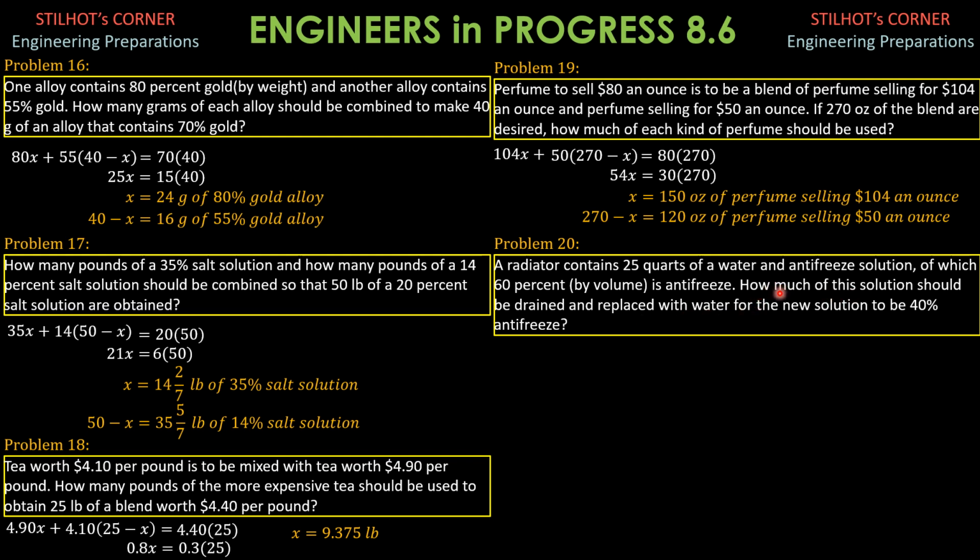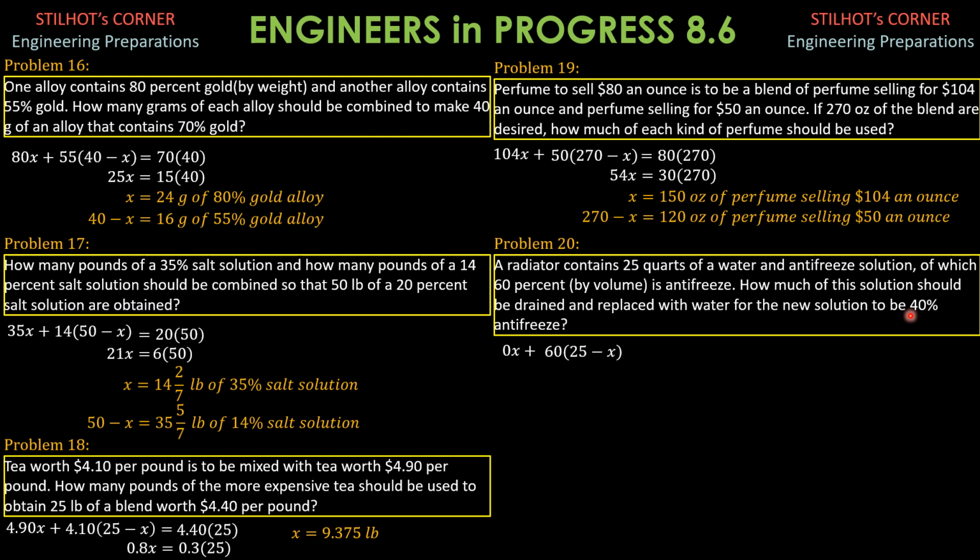and take note it should be drained and replaced with water. So water is 0% antifreeze, so 0 times x, then plus 60% quantity 25 minus x, then the result is 40% antifreeze solution.